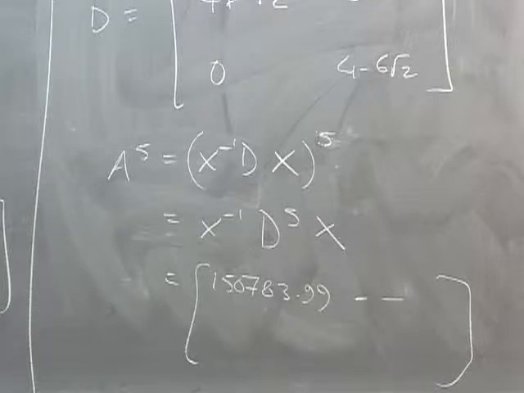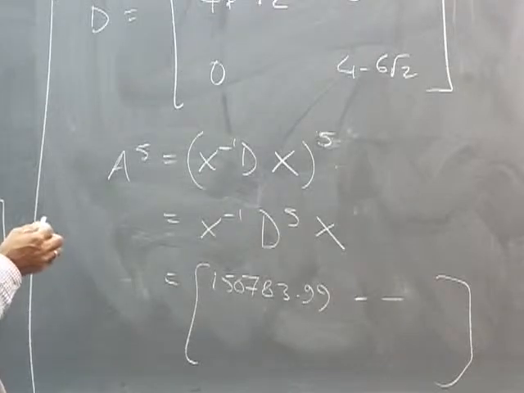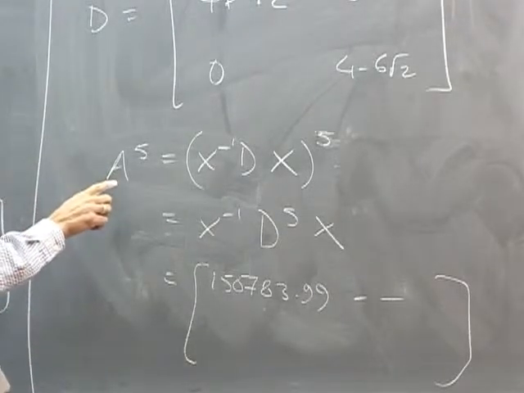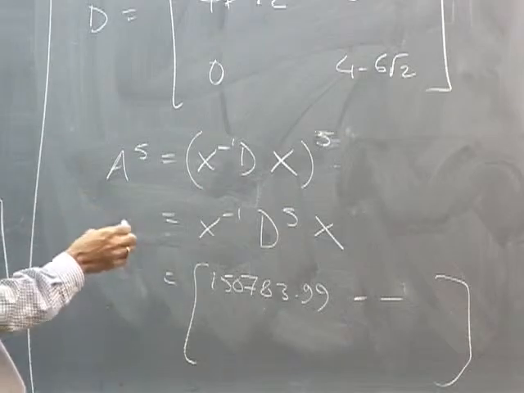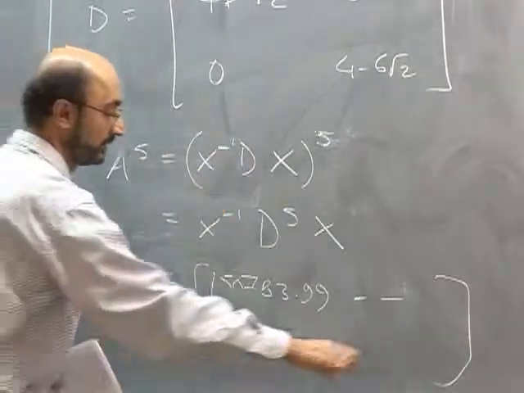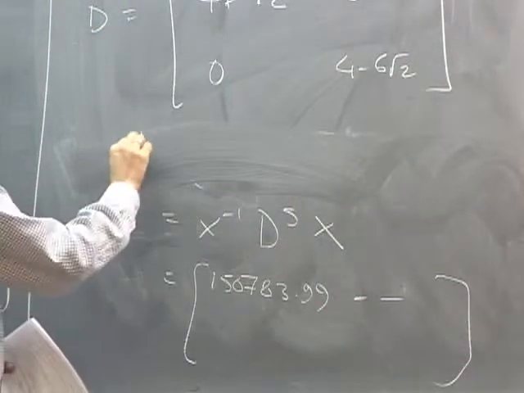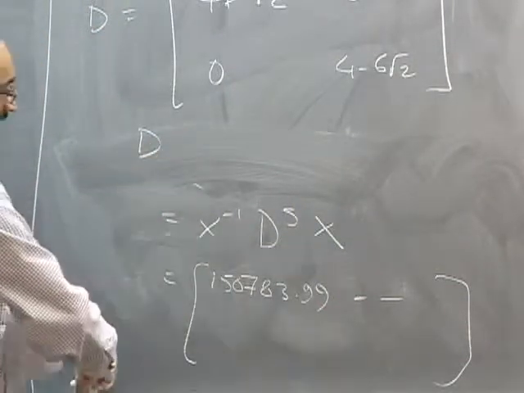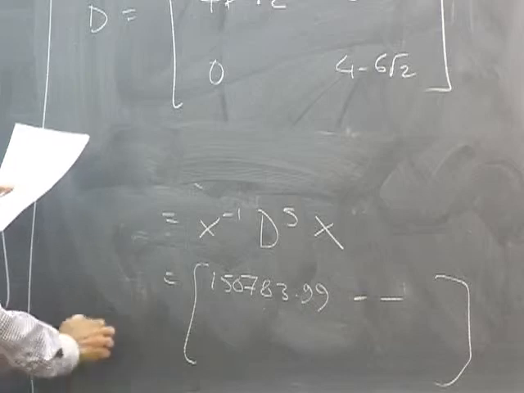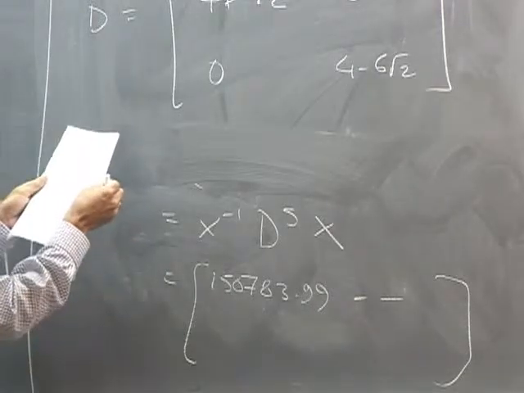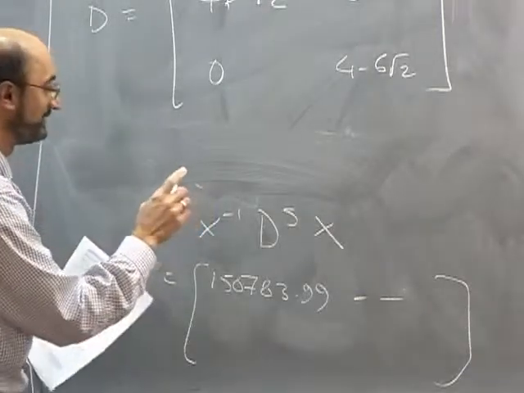Yes? D equals x inverse A x should be A to the power 5. Beg your pardon? Oh, it should be D. Oh, sorry, yeah. What am I doing over here? Okay, oops. Wait a second. Okay, just give me a second over here.